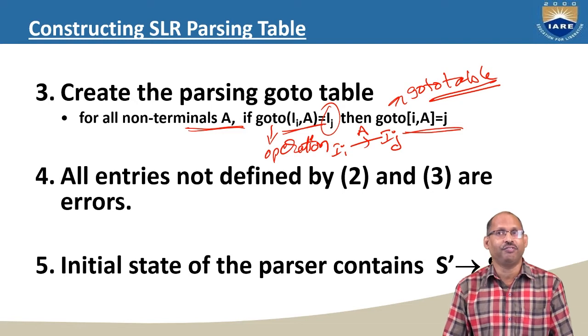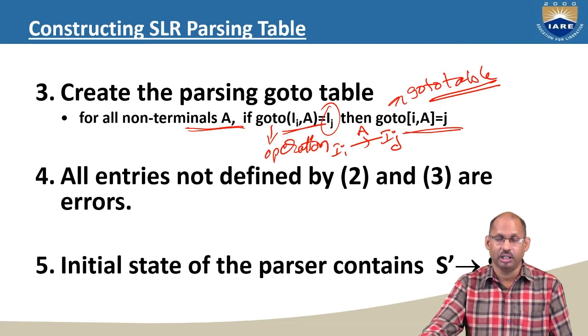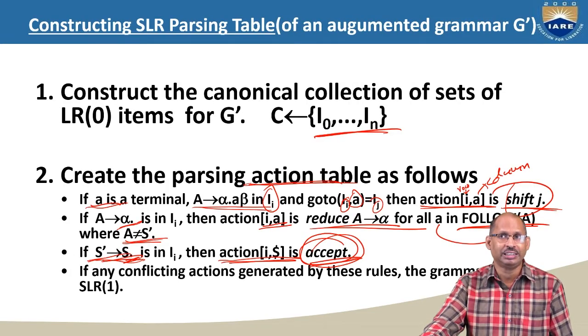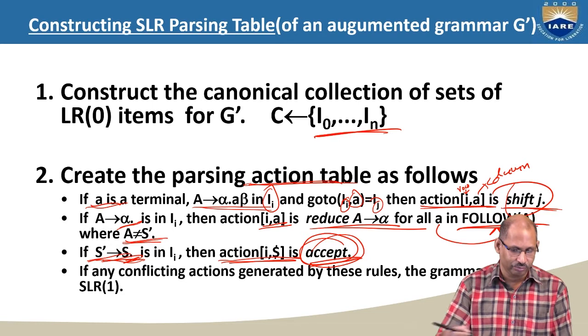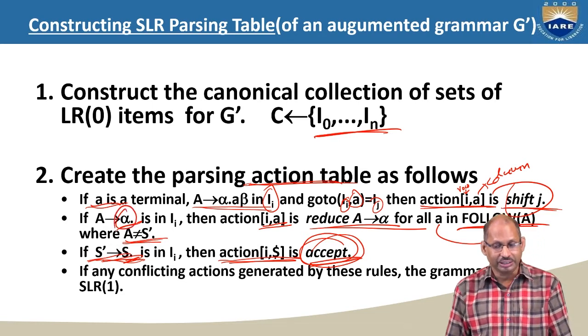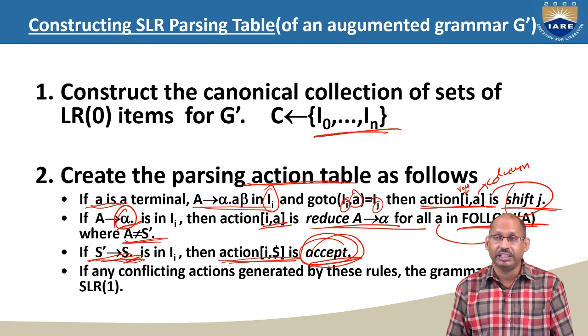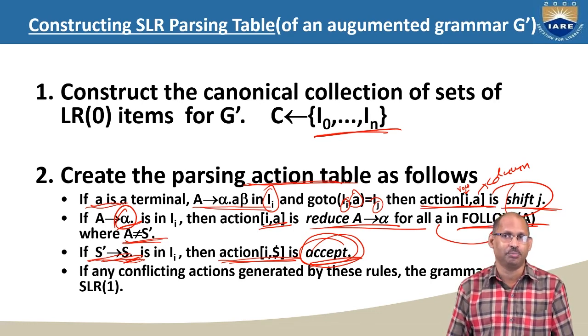So these are the steps by which we construct the SLR parsing table. Listen here. First step, construct all the closure groups I0 to IN. Then for all the terminal symbols, we write shift J, or reduce by some production number if the dot is at the end. If the dot is at the end, we consider the follow of A and write reduce A gives alpha in all the terminal symbols.